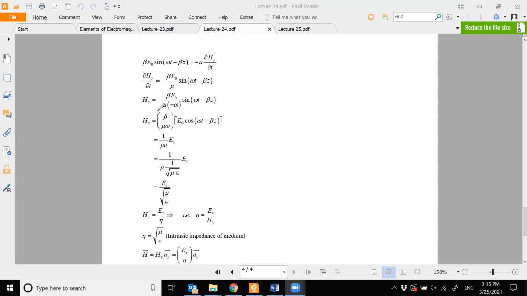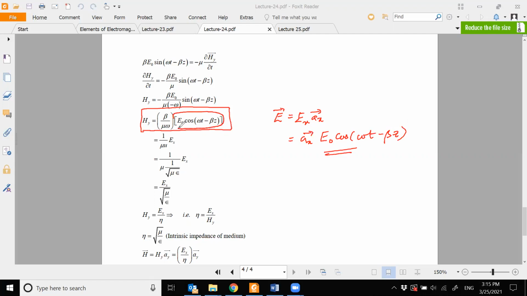And then after doing a few simplifications, you will see that my Hy will be equal to beta over mu omega E naught cos of omega t minus beta z. But we know that E bar is Ex, which is Ax E naught cos of omega t minus beta z. So therefore, I can say that this is nothing but my Ex. So that's why I'm replacing it with Ex.